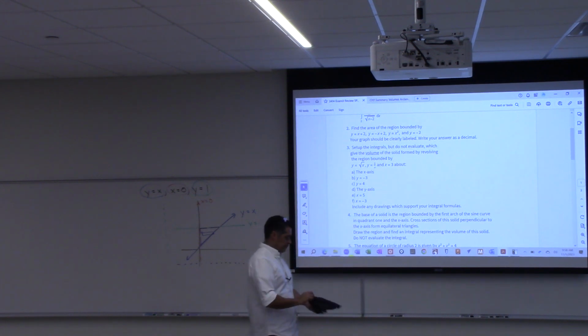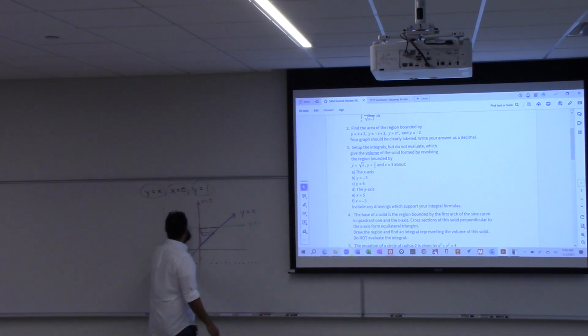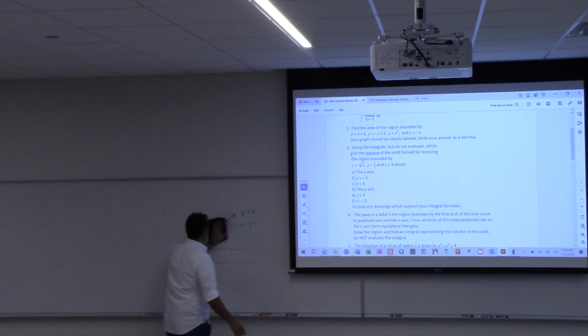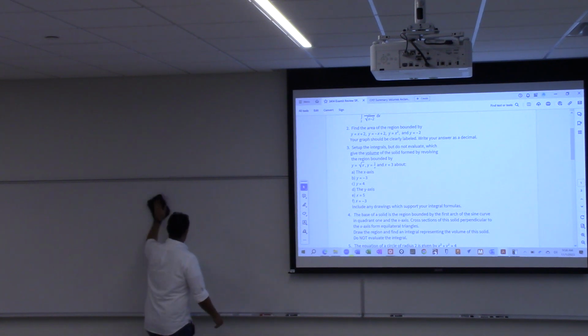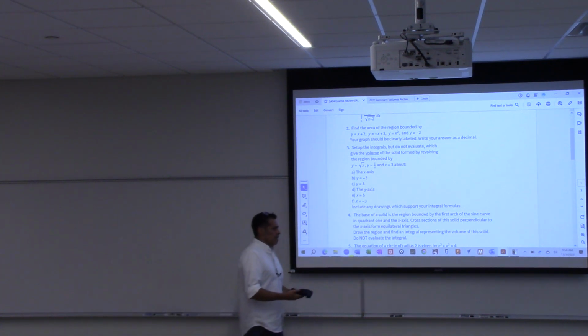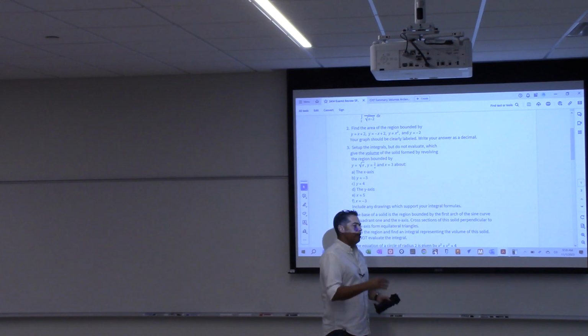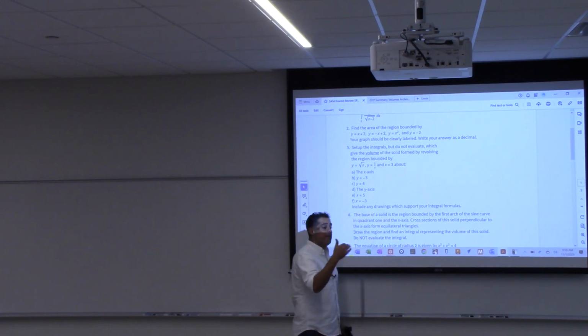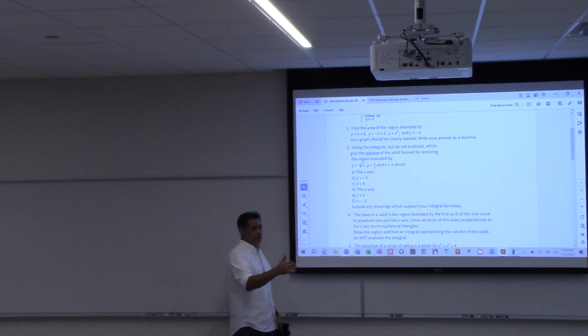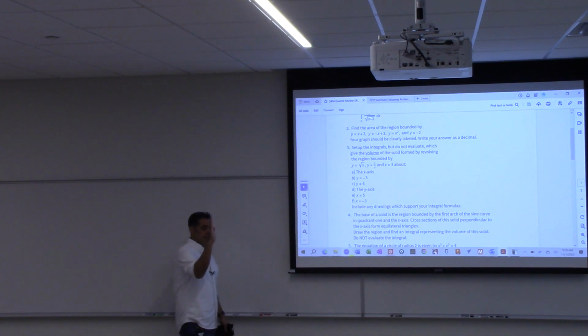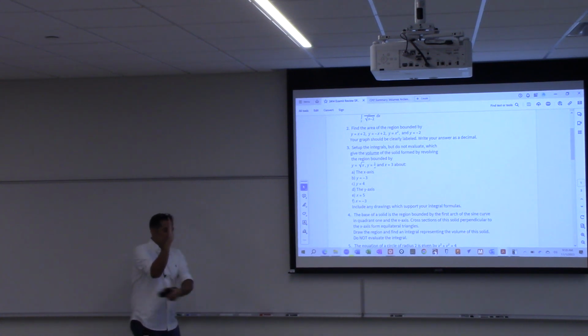Yes? So, just to reiterate: if your axis of rotation is horizontal, then it's better to do a washer. I think you should start with, if you have functions of x to start with, right? That means you're going to use vertical rectangles, right? And so if you have a horizontal axis of rotation, you're going to want to use washers.